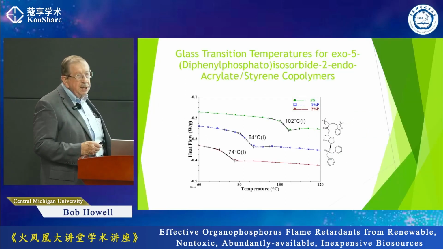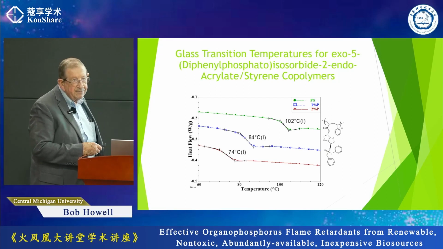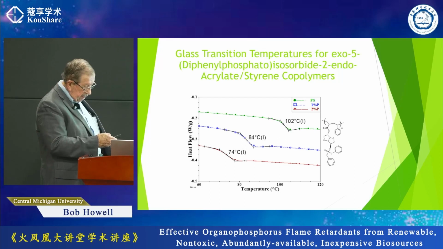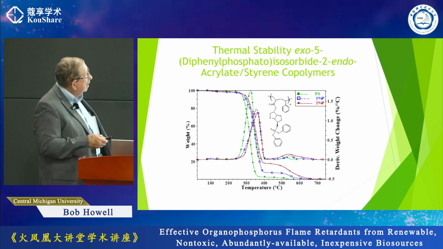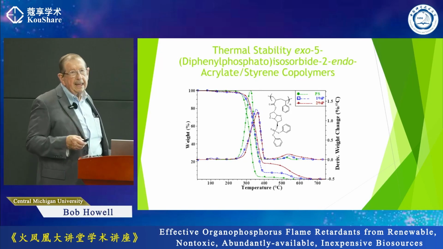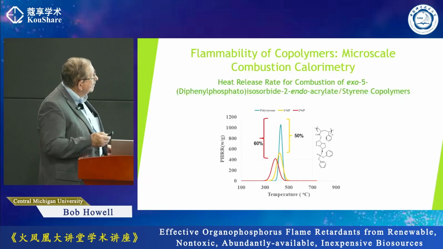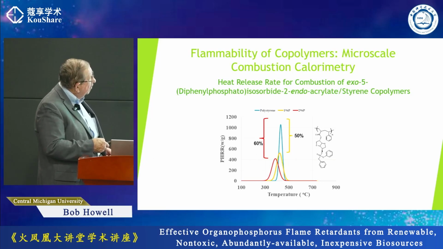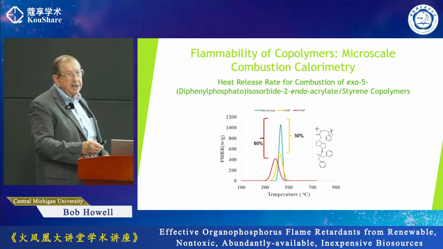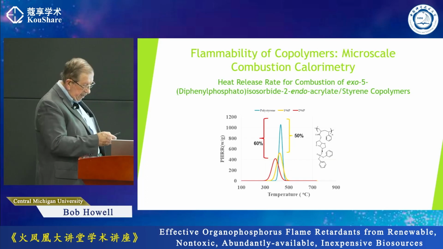You see that the Tg is diminished a bit as we increase the loading of the comonomer, but not by a lot, not enough to cause any great difficulty in use. The thermal stability is not hugely impacted, so that it can be used in most of the applications to which styrene is used. But here's the big news. With 1% loading of the comonomer, we get a 50% reduction in the peak heat release rate. So tremendously effective in this particular application.